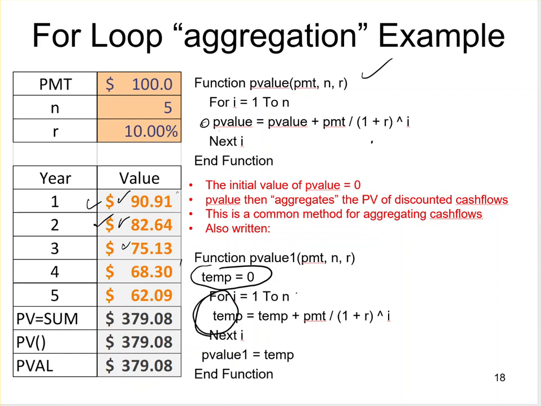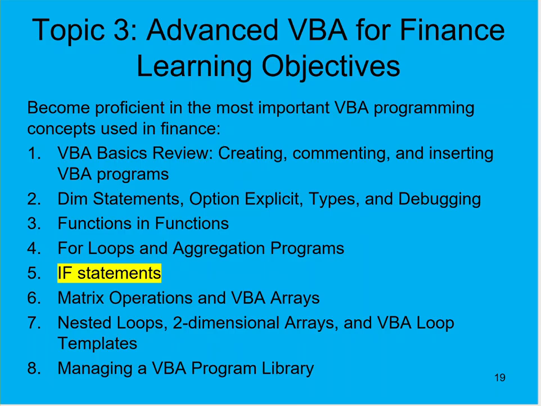Once the loop has run its 5 iterations, then we say p-value is equal to temp. So sometimes you'll see it set up this way, but in most recent years of my programming, I've dropped that notation and I just go ahead and calculate the function name right inside the aggregation, and I don't set up a temporary variable. So in this topic, we used for loops and aggregation programs.